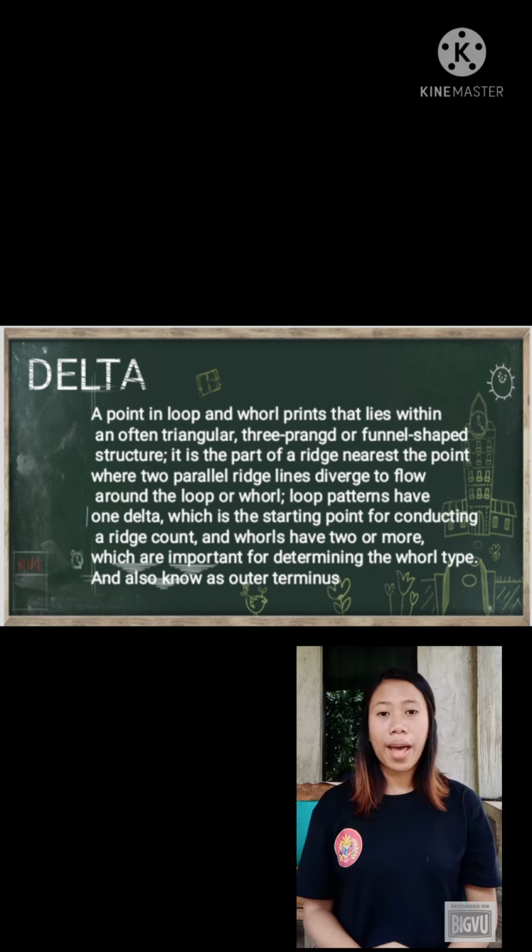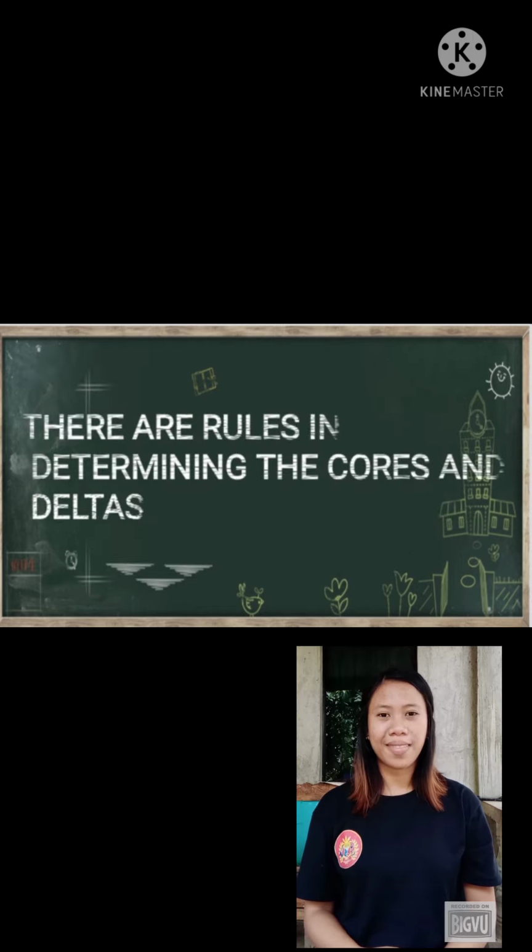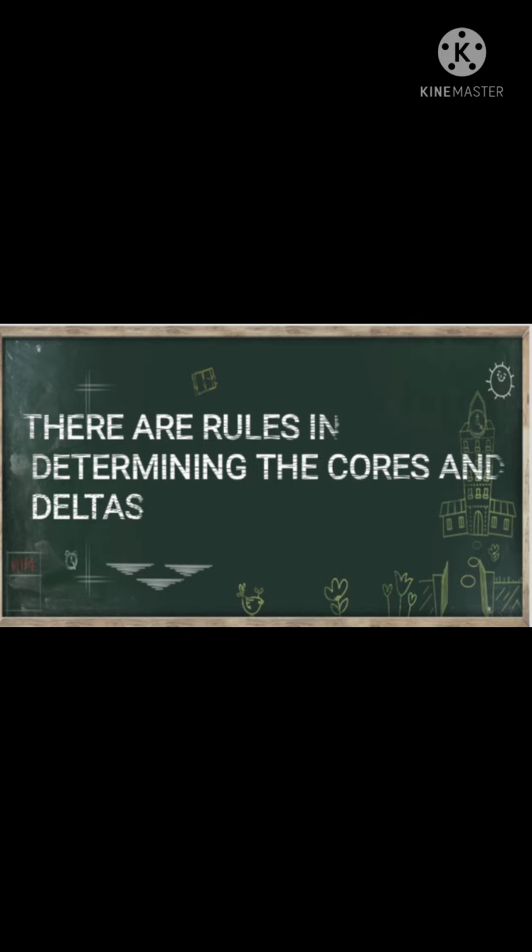A loop pattern has one delta, which is the starting point for conducting a ridge count, and whirls have two or more, which are important for determining the whirl type. It is also known as the outer terminus. There are rules in determining the core and the delta.